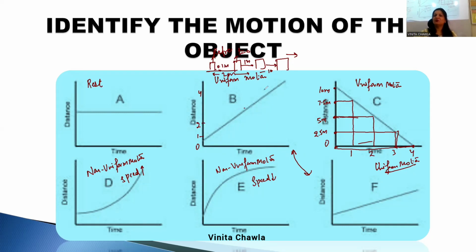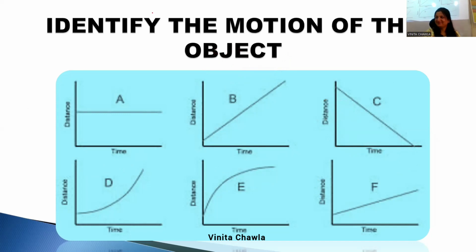If we compare these two, B has greater speed as compared to F. Okay. Now you know everything. Smart ho gaya ladka hamara. Distance time graph was done, now speed time graph hai.